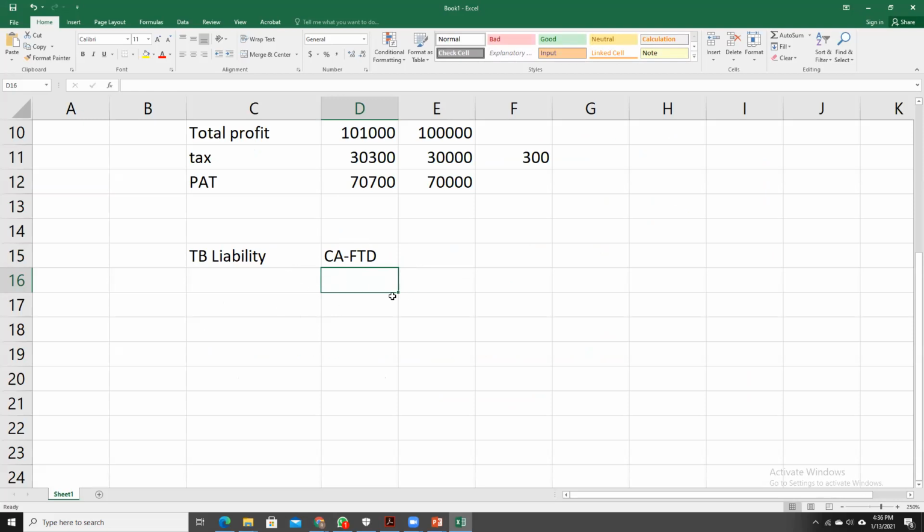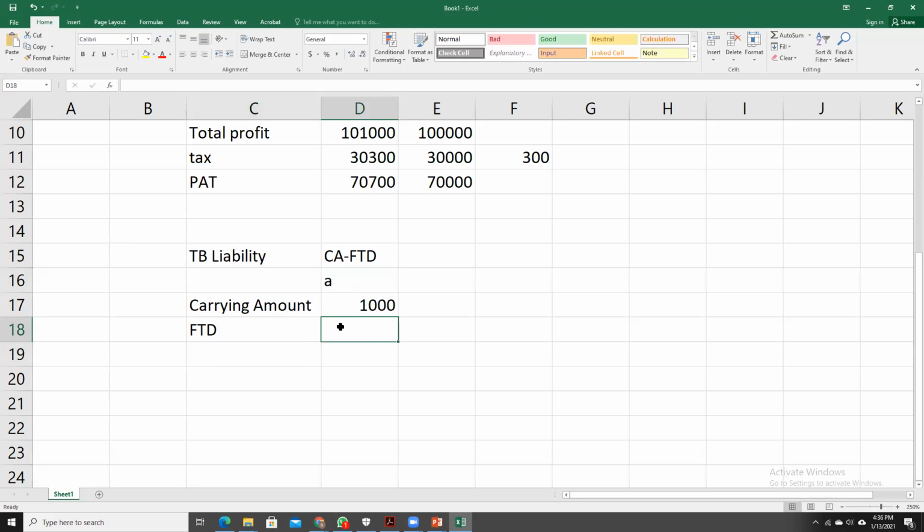In the first question, part A, we first take the carrying amount. How much carrying amount? 1000. Good. And this is an expense, isn't it? We should deduct future tax deductions.